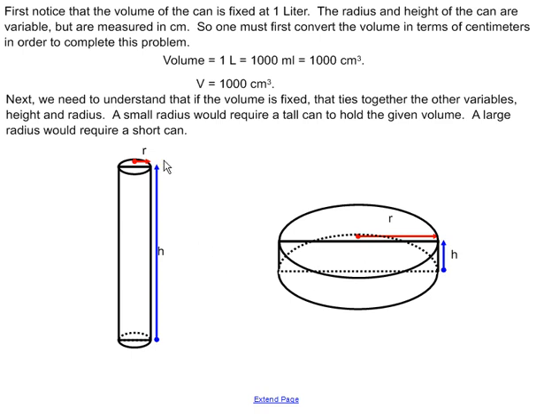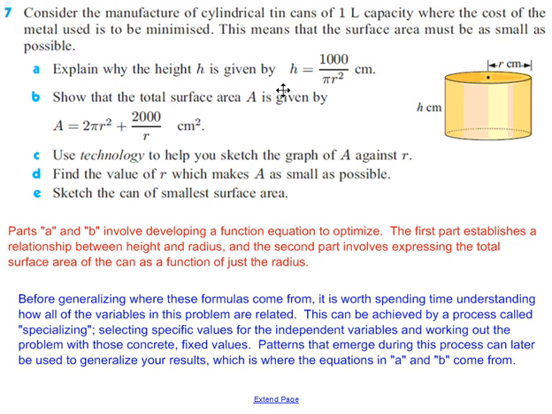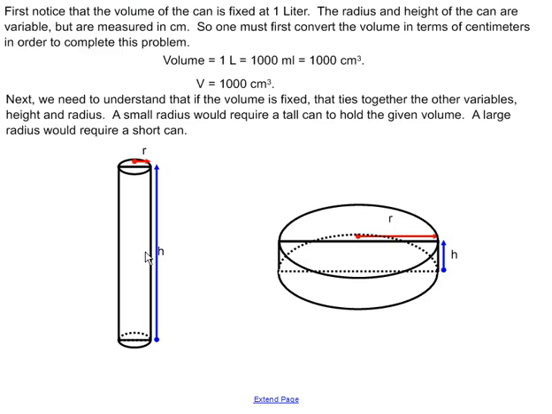So whatever I choose my radius to be is going to have an impact on my height, and if I choose my height, that's going to have an impact on my radius. They're indelibly tied because of this 1,000 cubic centimeters fixed volume. And what this equation shows me is that if I increase the radius, that's going to decrease the height, and if I decrease the radius, it's going to increase the height. And that's what's being said in this picture as well.